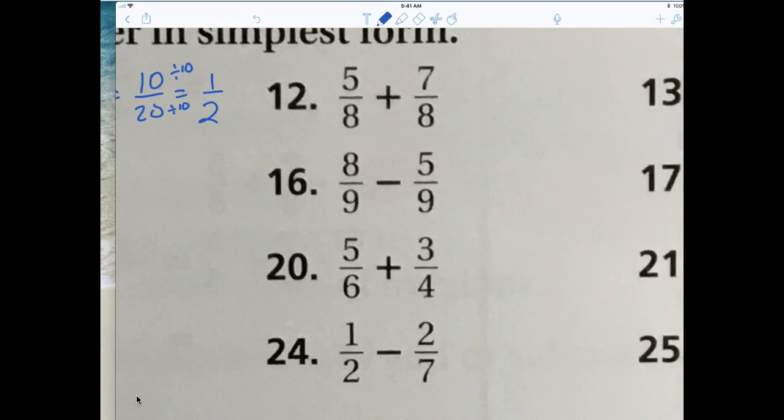Okay, now we have something a little bit new here. Thomas, what's 5/8 plus 7/8? That's right. 12 over 8, and then what do I do? Good job, buddy.